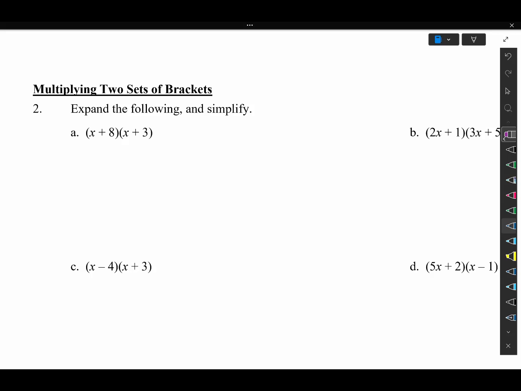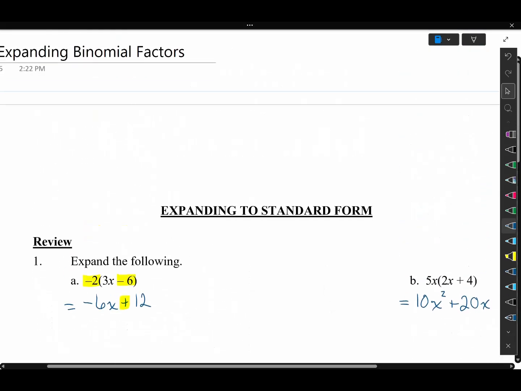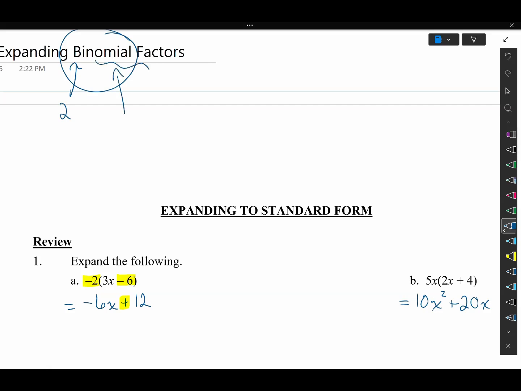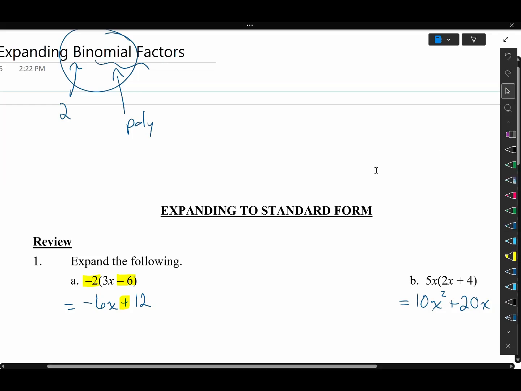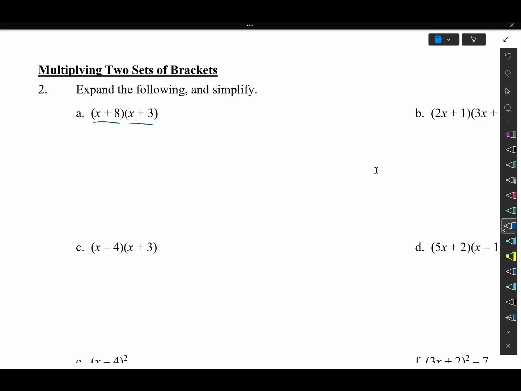Now, if we're multiplying really a binomial, so let's head back up here to this new word. A binomial, that is bi meaning two, and nomial, we're working with a two-term polynomial really is what we're working with, okay? So a binomial is a type of polynomial. What we're working with down here is two terms multiplying by two terms.